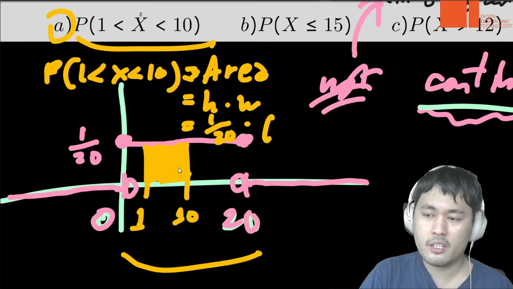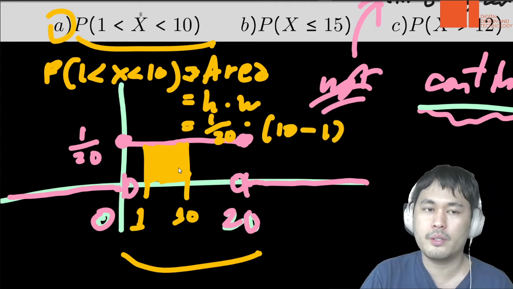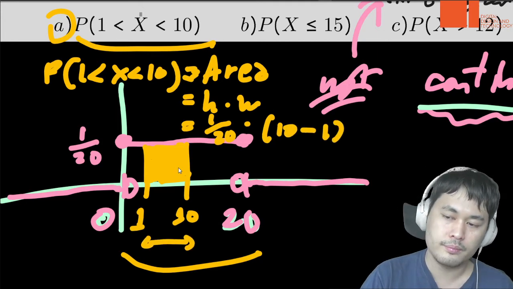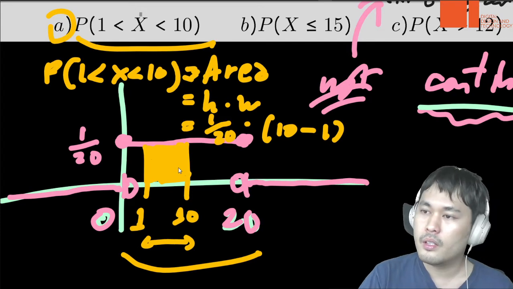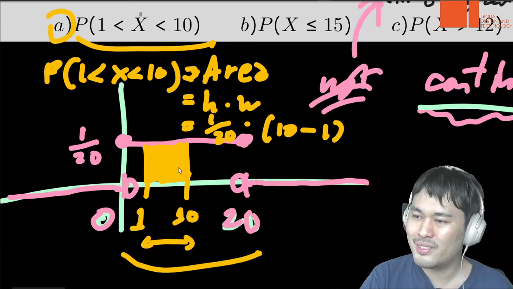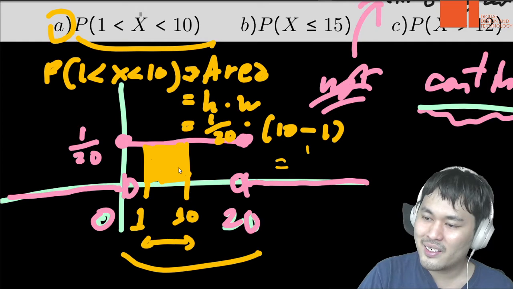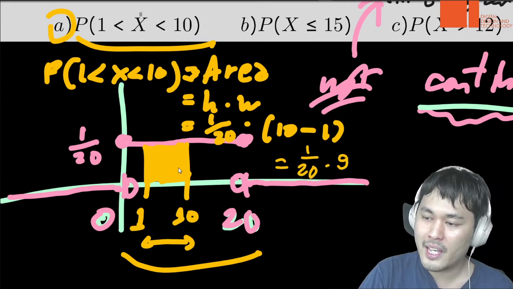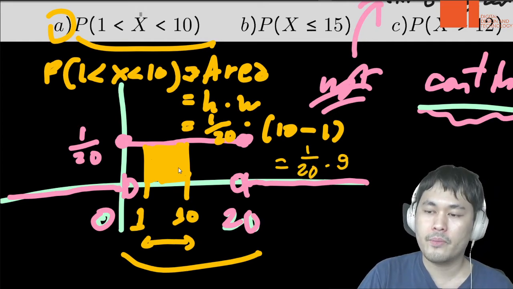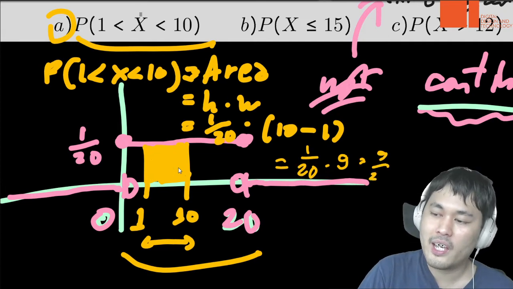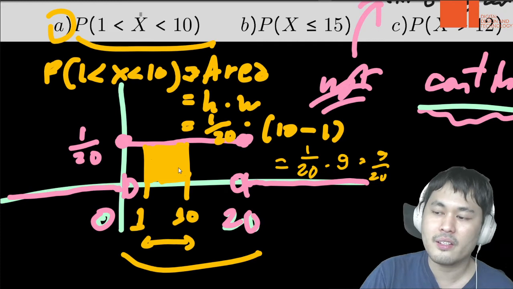The width is the difference between the two numbers, so it's 10 minus 1, which is 9. So we have 1/20 times 9. So the area of this rectangle is 1/20 times 9, which is 9/20, and that's the answer.